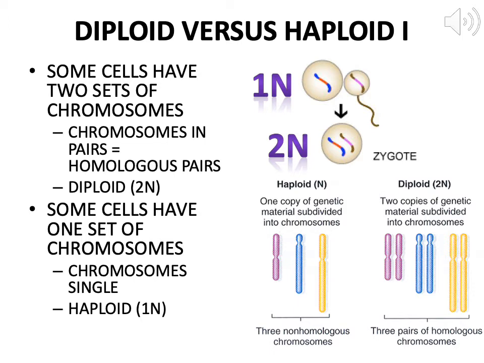In the case of 1N or 2N designations, the N refers to copies. So I have one copy of each chromosome in each cell, or two copies of each chromosome in each cell. And you can see that in the illustrations at the very bottom right of this particular slide.